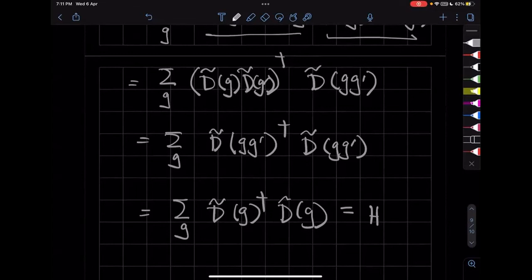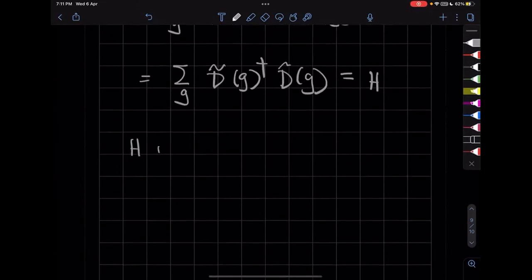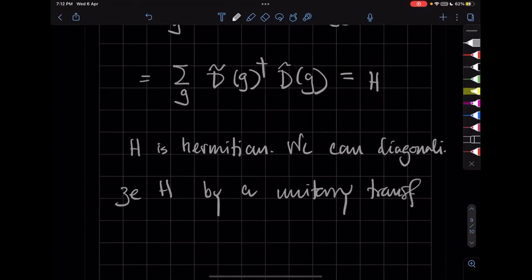All right. So since H is Hermitian, that means that we can diagonalize H by a unitary transformation.